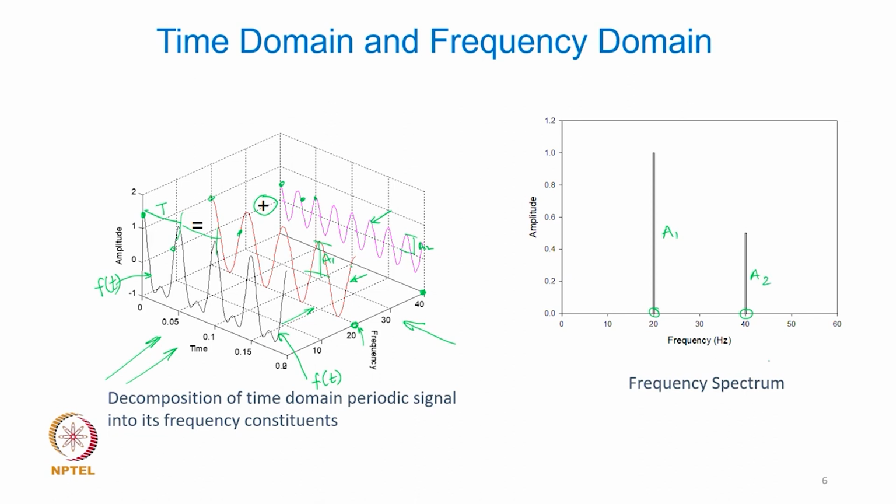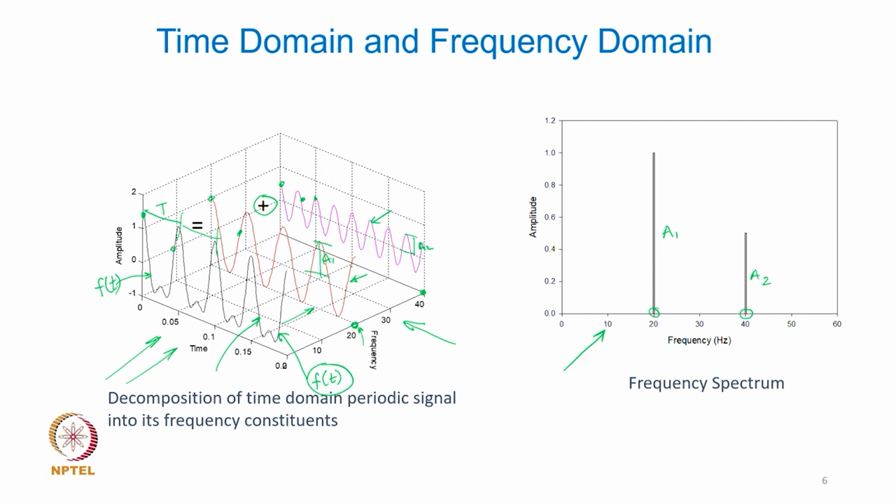So, this spectrum is a frequency domain representation of the original f of t, the time domain function. They are equivalent, and you can convert from one to another using a mathematical operation.